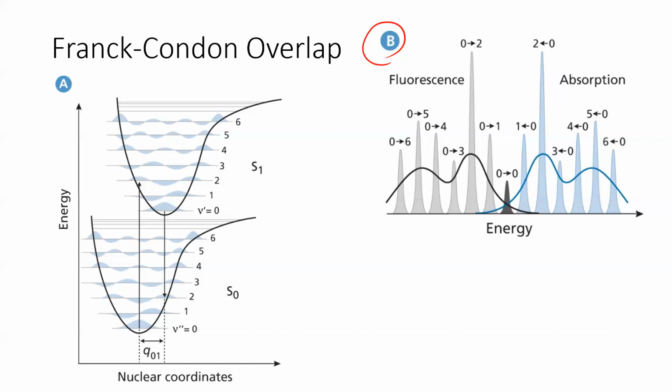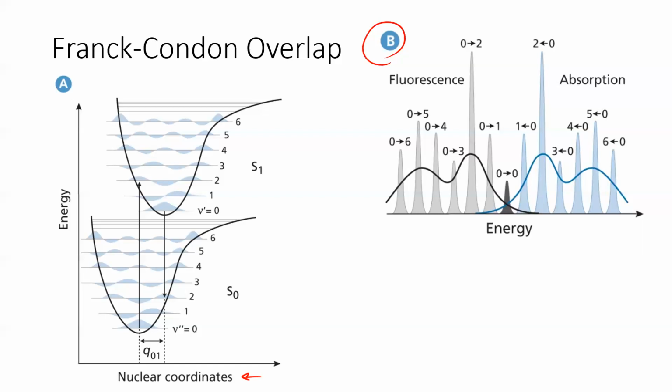And so in part A of this figure, you notice that our x-axis is nuclear coordinates. Now, in reality, drawing Franck-Condon overlap potentials in a two-dimensional graph is almost meaningless because this is only looking at a single nuclear coordinate, right?